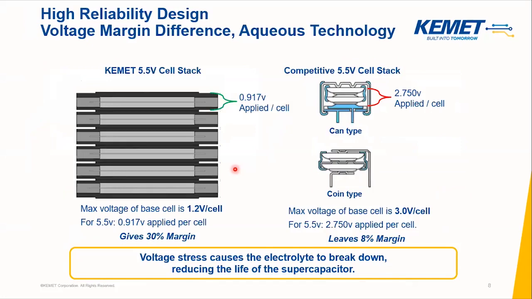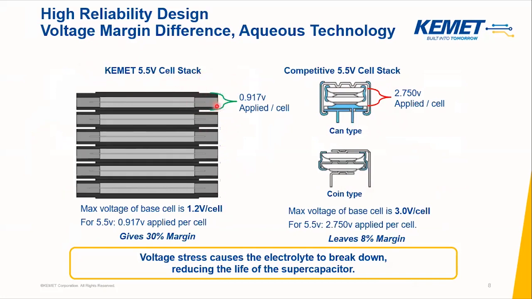Another advantage for high reliability design that KEMET supercapacitors have compared to competitors is that we have a higher voltage margin in our design. As you can see here, we compare two 5.5 volt supercaps. This is a can type, and for us, we use a cell stack.